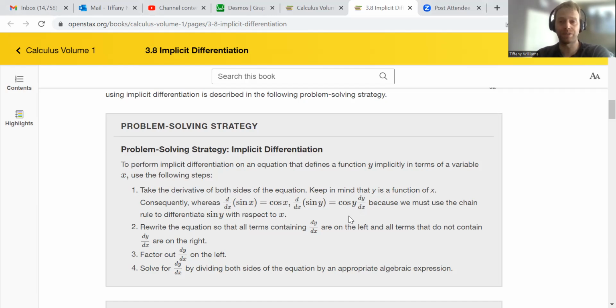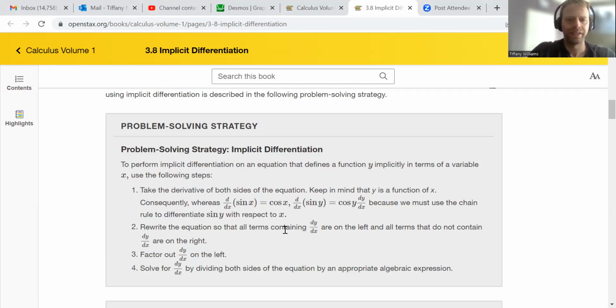But then you have to take the derivative of y. Now we don't know what it is because it's an implicit definition here. All right, so the best we could say is the derivative of y is dy dx. So we differentiate y with respect to x. So that's going to be the term we use anytime we use the chain rule for y. Okay. So keep in mind, anytime we take a derivative of y, we must multiply by this dy dx because it's the end of the chain rule.